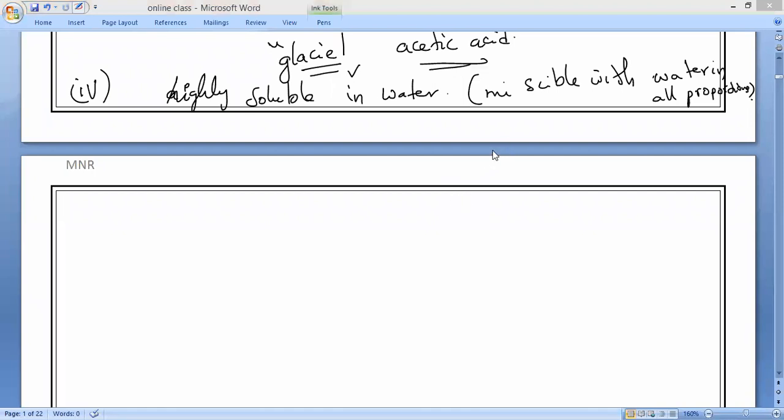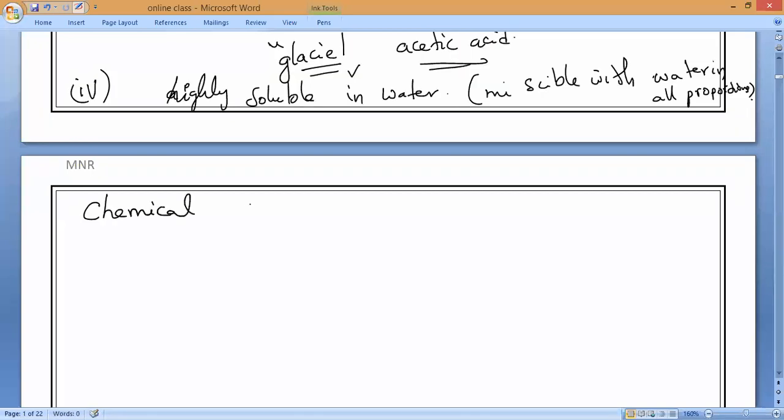That is why they are called weak acids. So that is the first chemical property of ethanoic acid. All of you write: chemical properties of ethanoic acid.